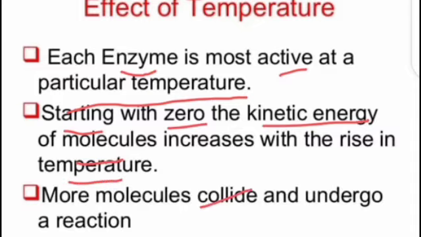More molecules collide and undergo a reaction. For example, the optimum temperature in the human body is 37 degrees Celsius, and an increase in temperature also speeds up the rate of enzyme catalyzed reactions, but only up to a point.